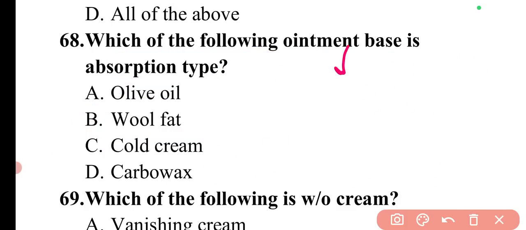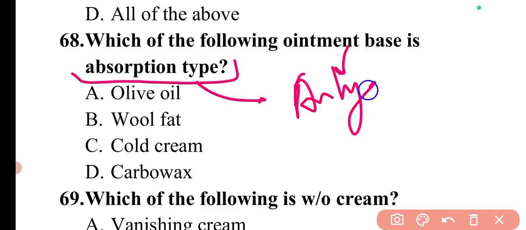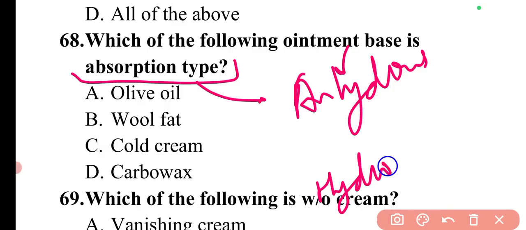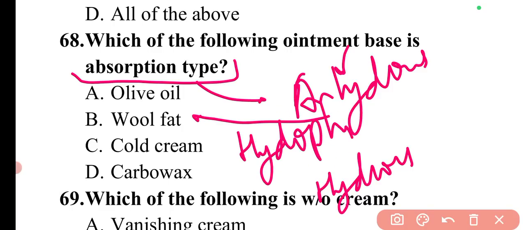Then we come to the second type, which is absorption type bases. Absorption bases can be anhydrous or hydrous. In anhydrous, there are different examples like wool fat, which is anhydrous lanolin. There can be hydrophilic petrolatum, which is an absorption base.